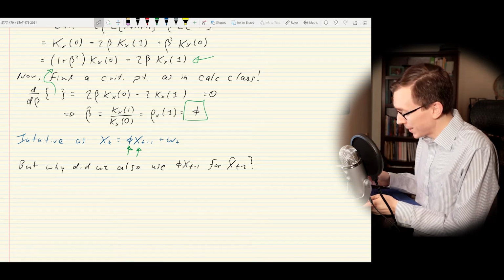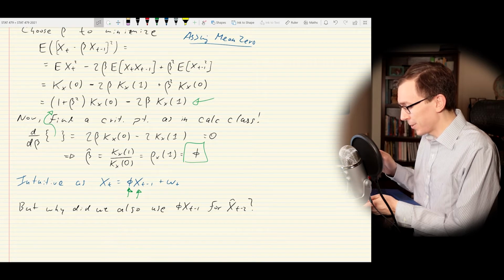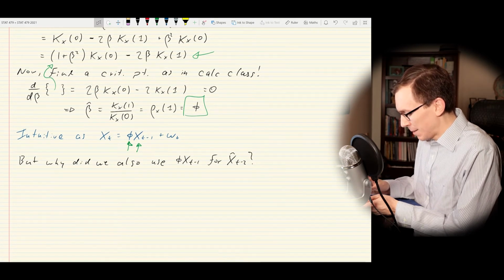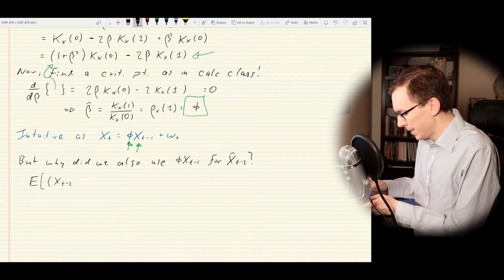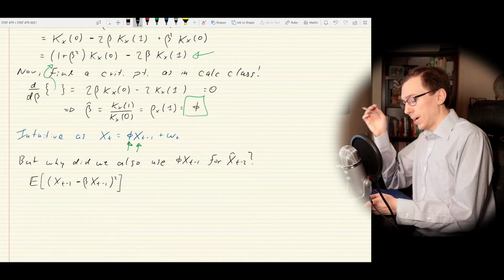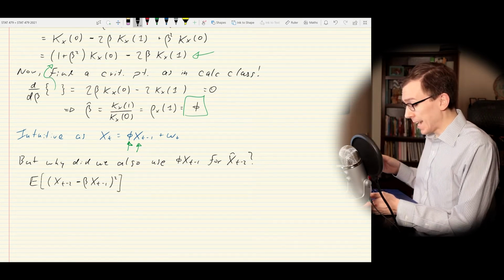Right, so where were we? Well, we're going to do the exact same thing I did above, only I'm going to change the first t to a t minus 2. What I mean by that is I'm going to say the expected value of xt minus 2 minus beta xt minus 1, squared. So we're going to do it exactly as before.